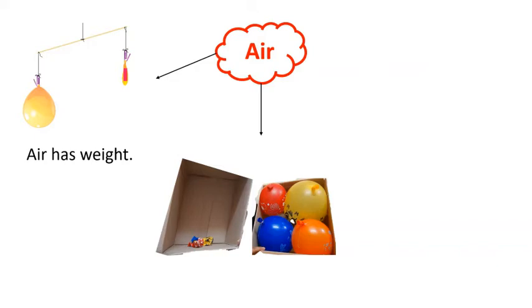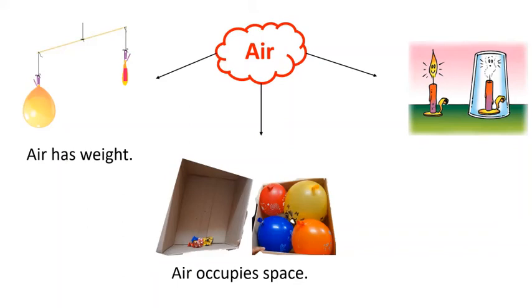Yes, the balloons have occupied the whole space in this box, right? Yes. Now, what did we learn from this experiment? Yes, very good. This activity shows that air occupies space.